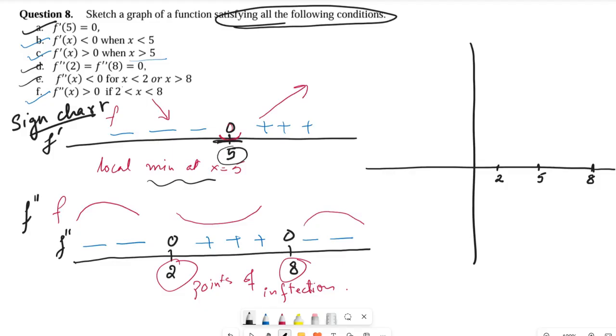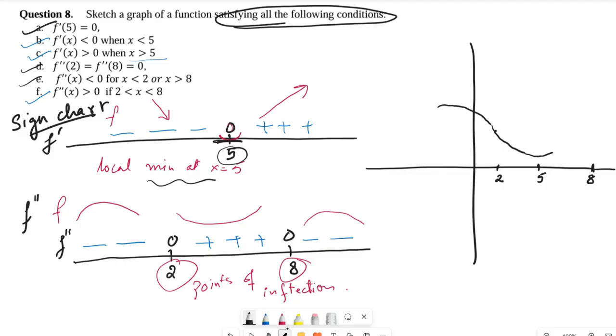Somewhere before 2 the graph was concave down and then it started concave up. At 5 it's the lowest point.